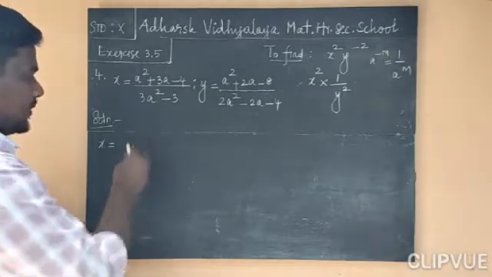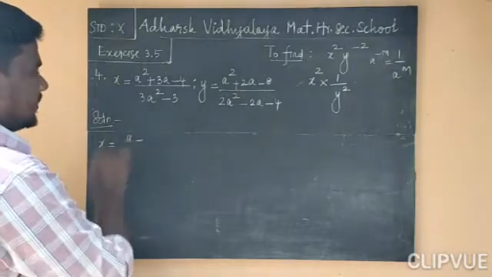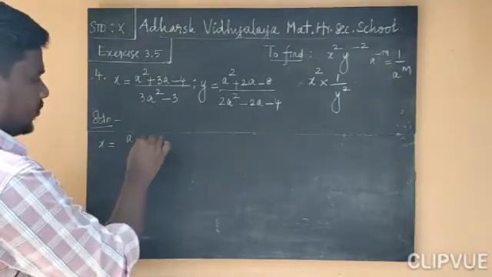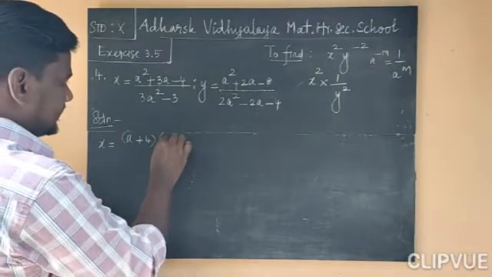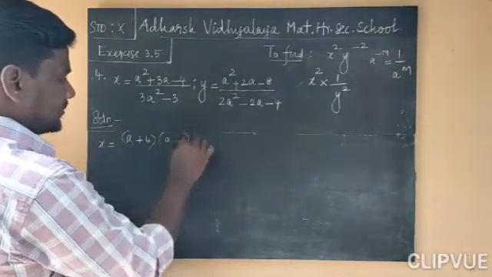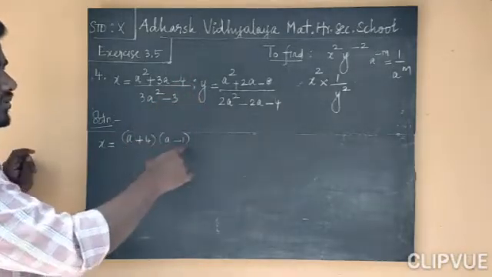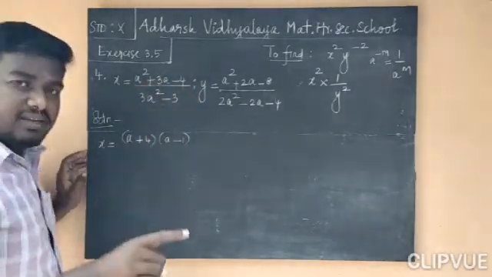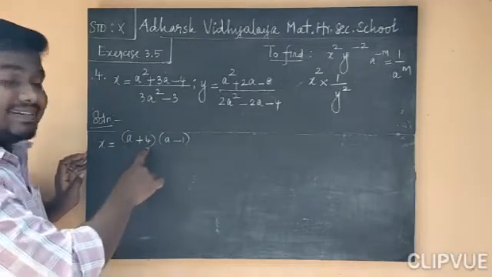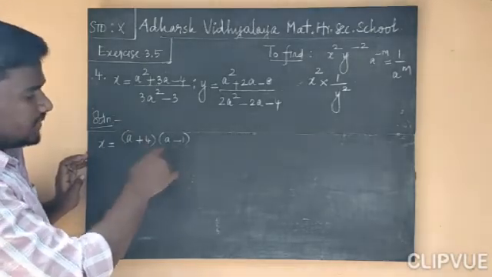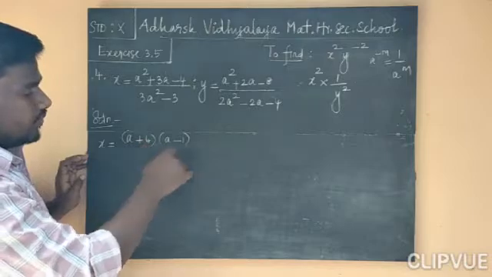So a plus 4 and a minus 1. This 4 into minus 1 equal to minus 4. 4 minus 1 is equal to 3. Already you are familiar with this. That's why I have written directly. Listen here. 4 into minus 1 is minus 4 and 4 minus 1 is equal to 3.